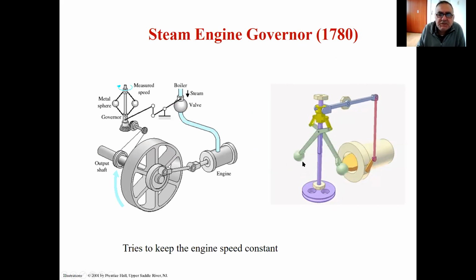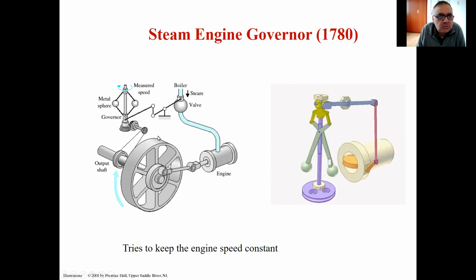And there is an animation here which shows how it works. Basically, the governor is two metal spheres that rotate, and that rotation is connected to the output shaft of the engine. And the motion of those spheres is somehow connected to the steam valve.